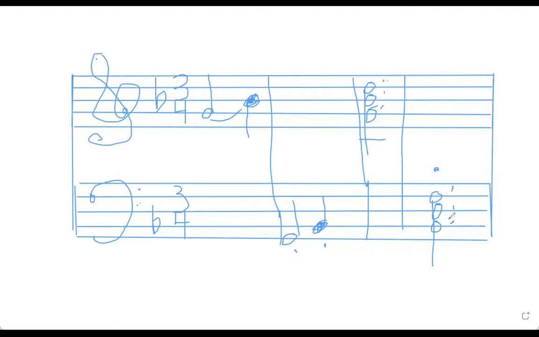Notice the dots beside the note mean to hold it longer, and notes with a dot on top or underneath mean to play it short, staccato. Okay, so that is a lot of harmony, melody, and notation vocabulary for you to think about. So I'm not going to give you any more. That's already a lot.